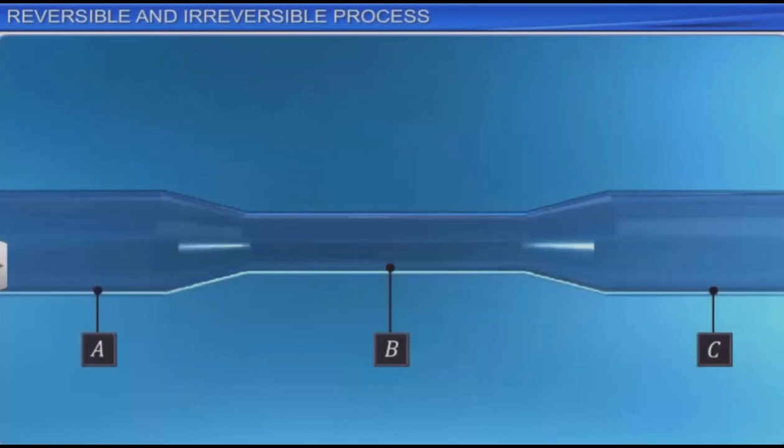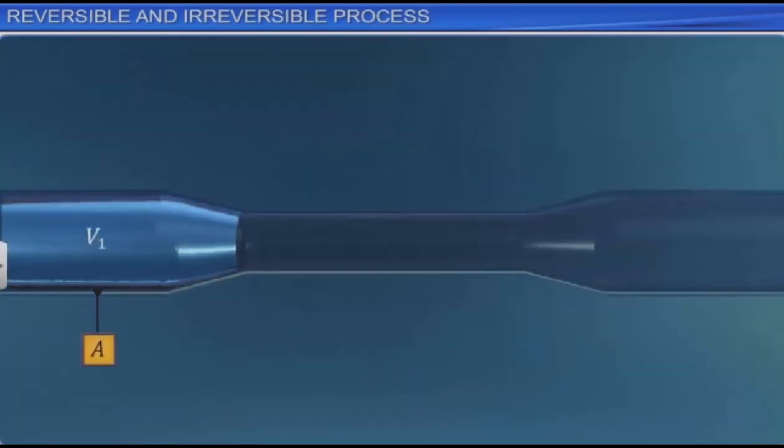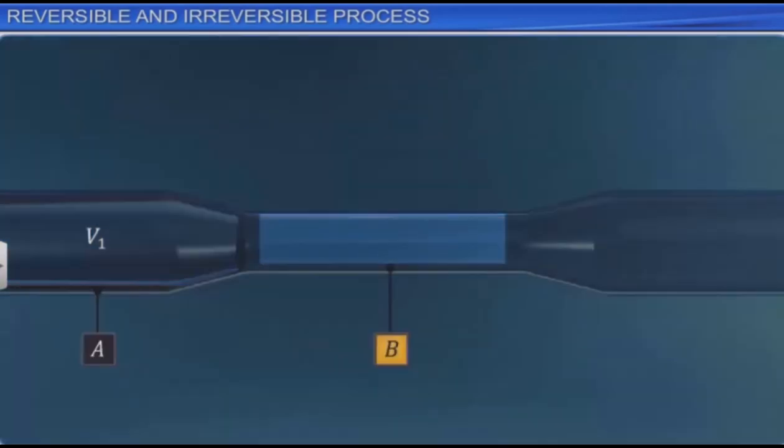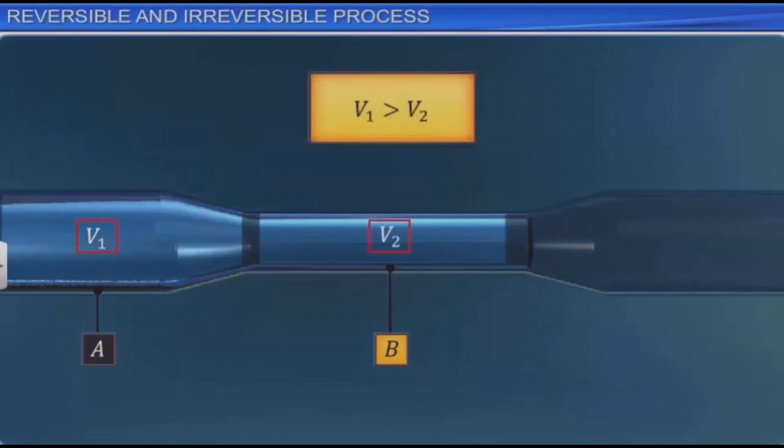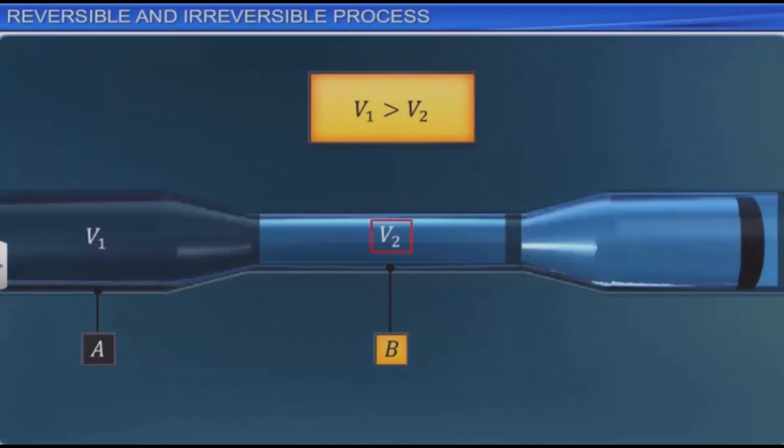When it moves from A to B, its speed increases, say from V1 to V2. The process is reversed and the speed of the liquid decreases from V2 to V1 as it moves from B to C. Hence, the process is almost reversed.